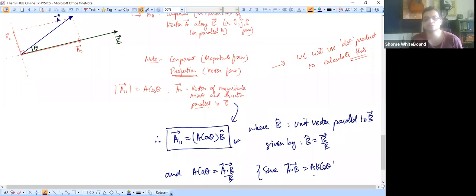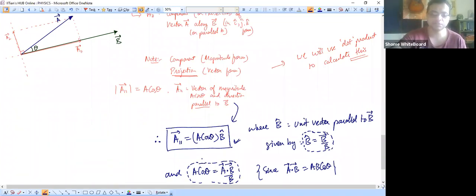So if I divide AB cos theta by B's magnitude, what am I left with? I'm left with A cos theta. So this is what your B cap becomes in that formula, and this is what your A cos theta becomes in the formula. Okay. So just note down this definition and this formula, and next when we look at a numerical example, it will become more clear what we mean by this.